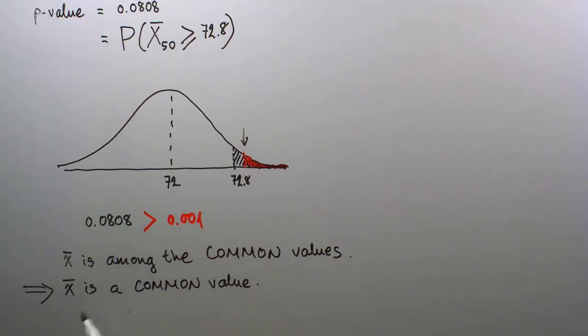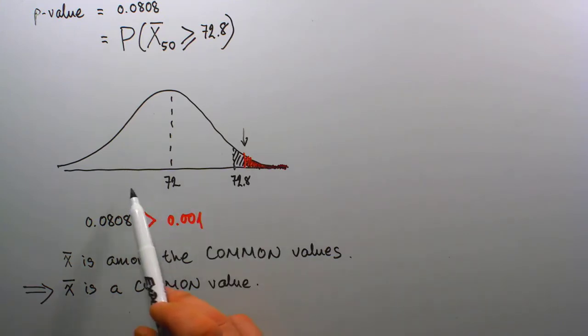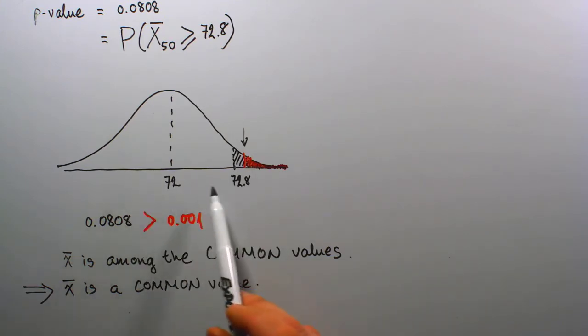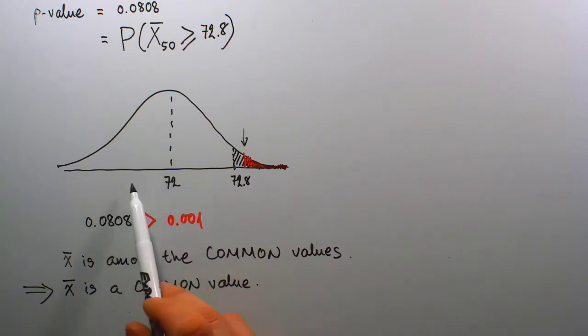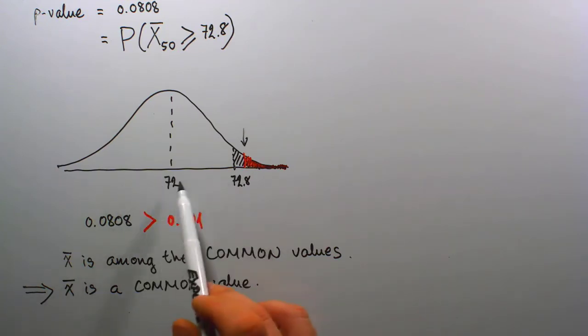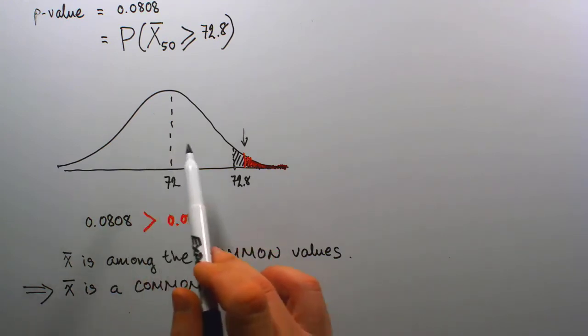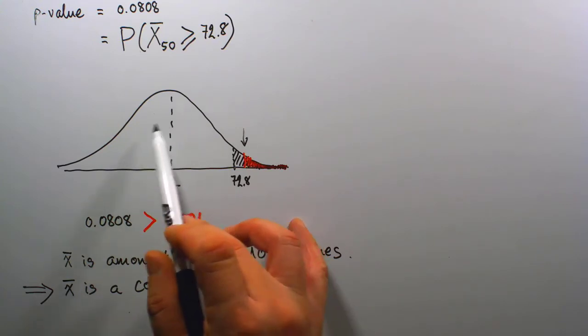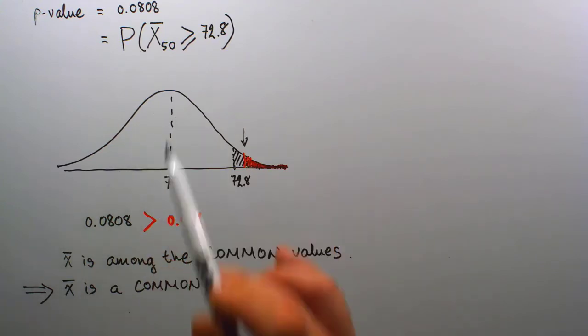And so now the importance of proving our sample mean value being a common value is that, yes, sample mean can differ from the claim here in the center, but what matters is whether our sample mean can be still within the commonly seen fluctuated sample means. And yes, it is.